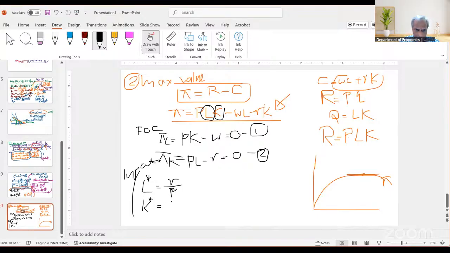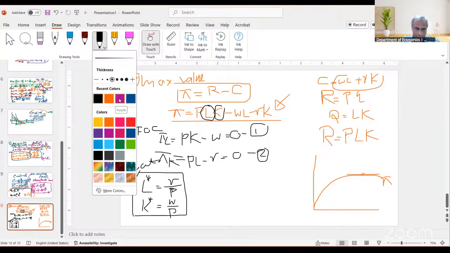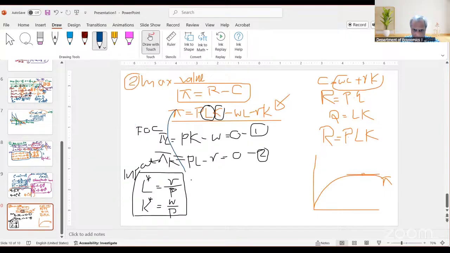The capital input demand function becomes W over P. Now this, the optimal value function: if we plug it into the profit equation, you get the optimal value profit function.